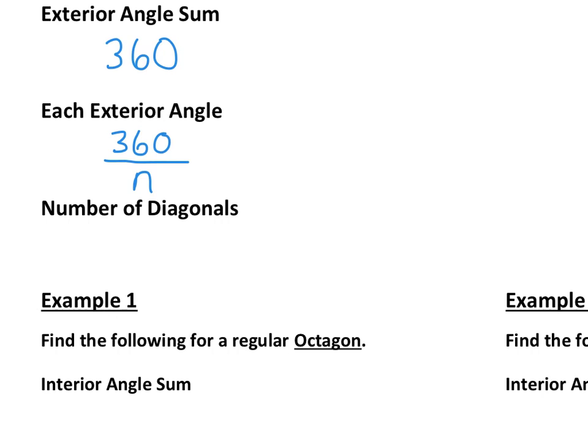And then finally, the last formula we talked about yesterday was the number of unique diagonals that we could draw within our polygon. We said that the number of diagonals is n times n minus 3 divided by 2. And again, n is the number of sides or angles in the polygon.